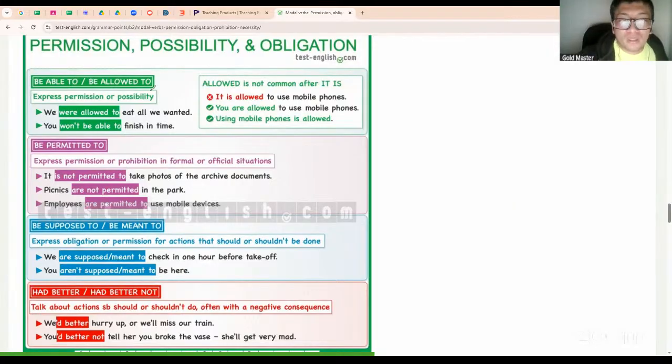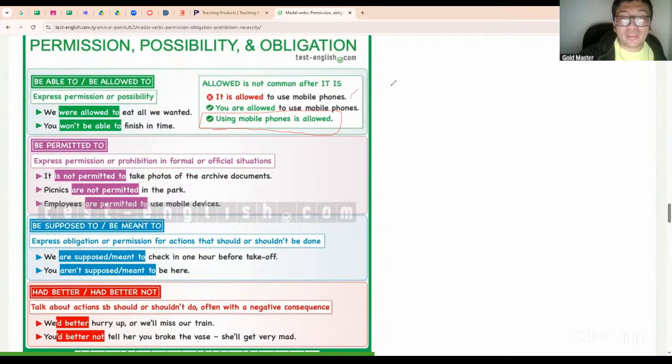That's the point. For example, you don't say this: it is allowed to use mobile phones. I mean, it's good, it's comprehensible, you can get it, but it is better if you talk straight to the person. You are allowed to use mobile phones. This is better. Using mobile phones is allowed.